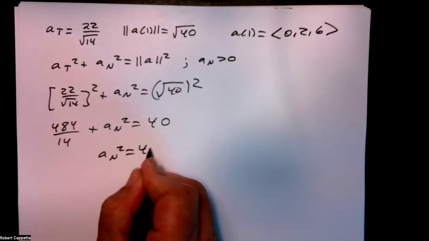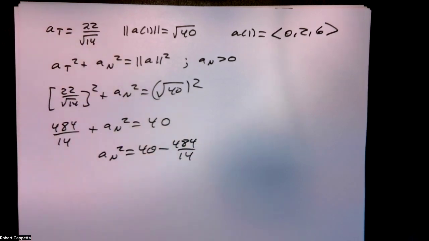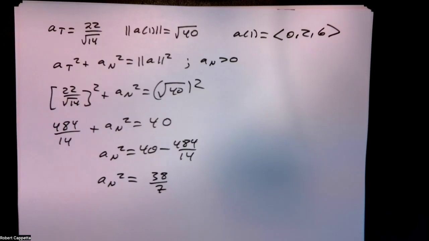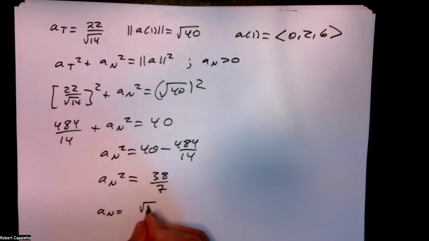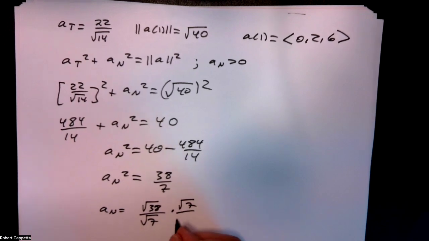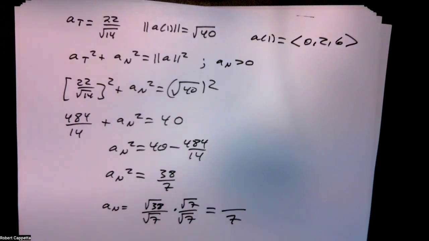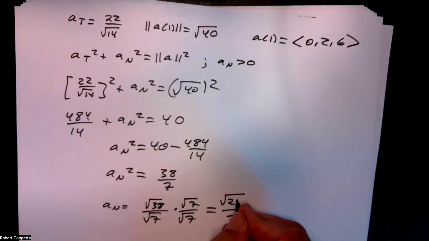So a n squared is 40 minus 484 over 14. So I get a n squared is 38 over 7. So a sub n is root 38 over root 7. And I think I'm going to rationalize the denominator. That's going to make my life just a little bit easier. So what do I get for a sub n? 38 times 7 is 266. So we get a sub n is root 266 over 7.